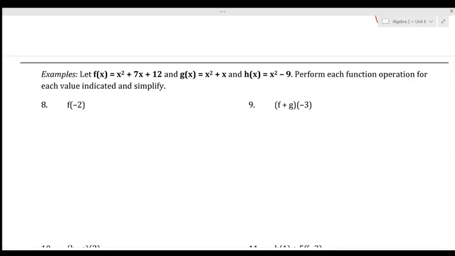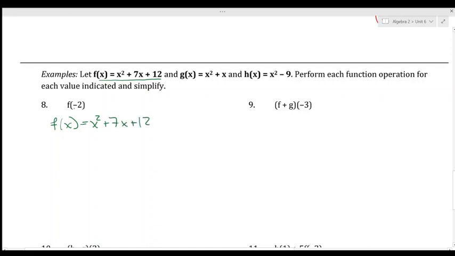I know I'm using my f function, so we're going to have f of x, our f of x is equal to x squared plus 7x plus 12.